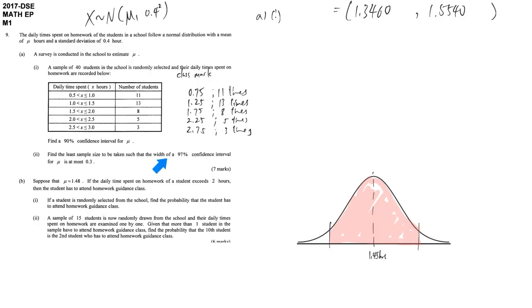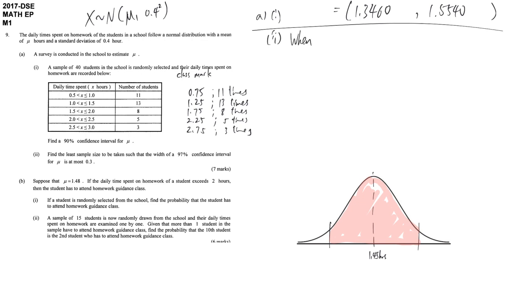In part B, they are asking for another confidence interval, which is a 97% confidence interval for μ, and we want to find the least sample size to ensure that the width is at most 0.3. So we are going to use the same logic. First, we need to know about the sample mean.